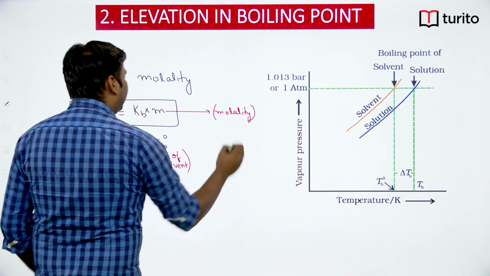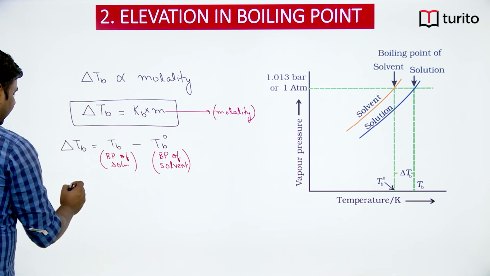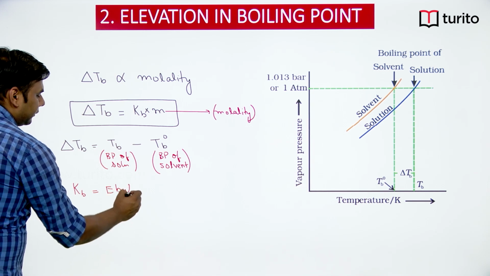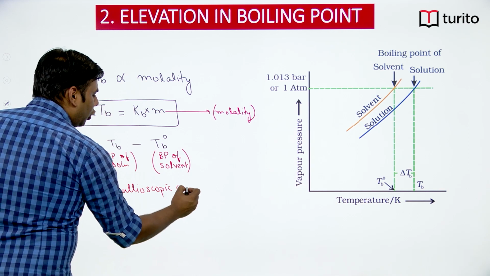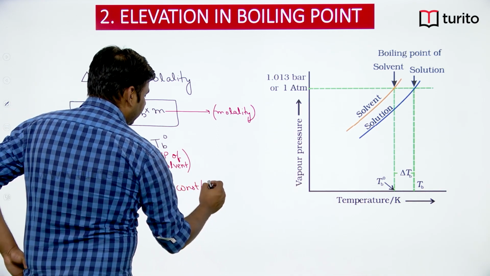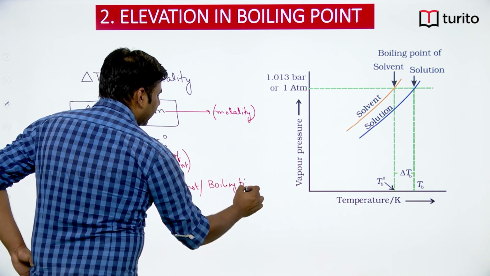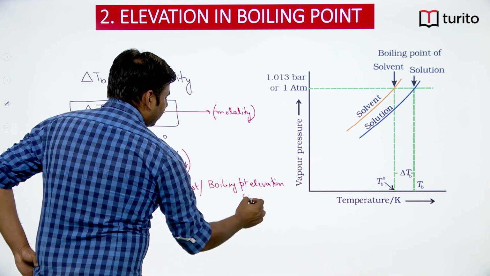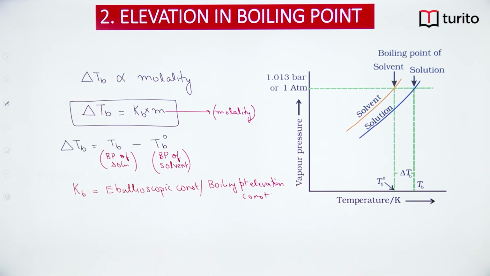Now if you look at Kb, what does Kb signify? Kb here is called the ebullioscopic constant, or also called the boiling point elevation constant. So, molal boiling point elevation constant.